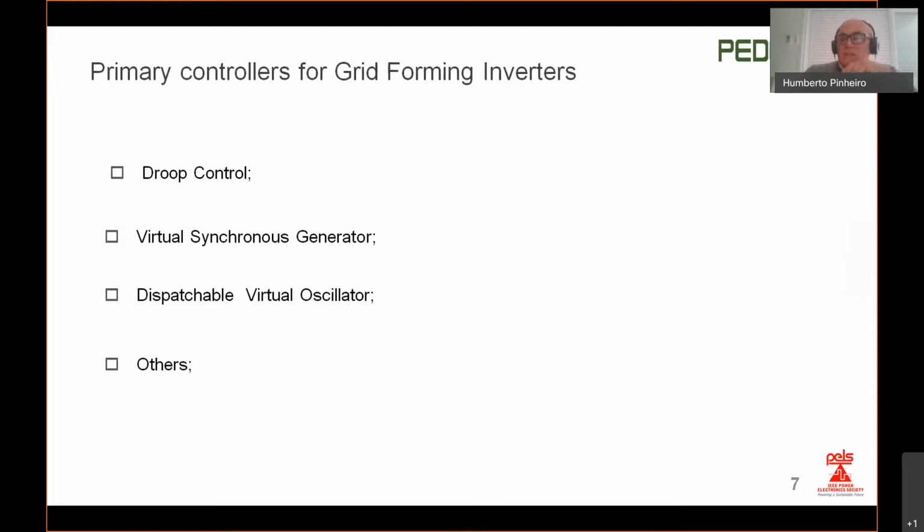The third alternative for implementing the primary control is the virtual oscillator. It has its root in the Liénard-type oscillator, and when you couple these oscillators, they have a power sharing characteristic that can be used to control inverters in a grid with multiple DRs.